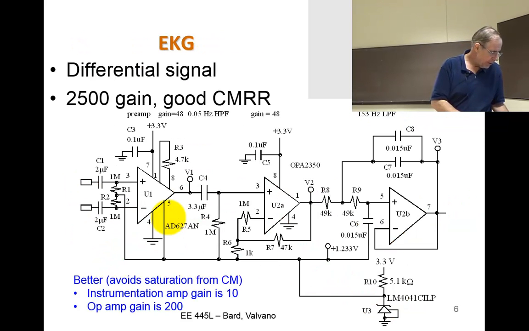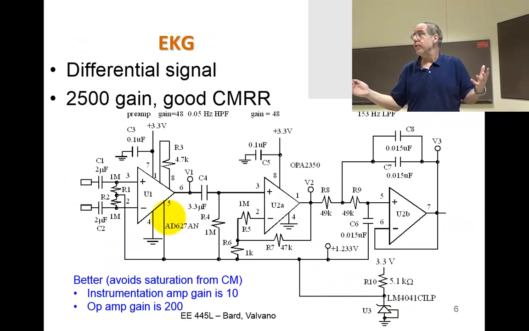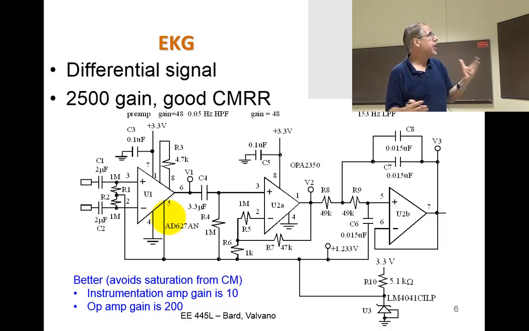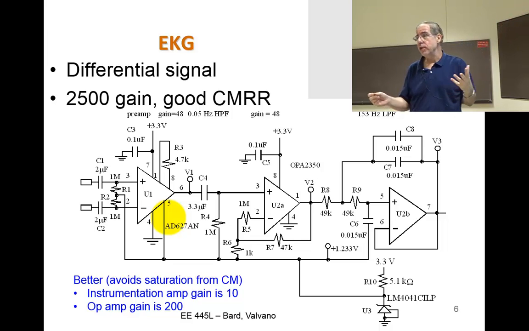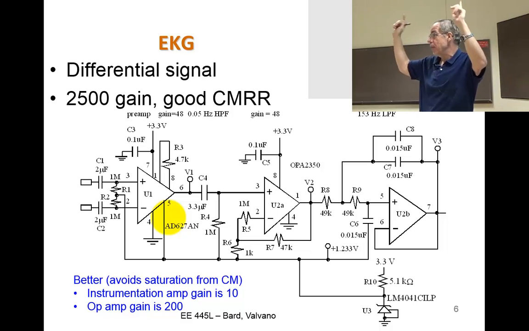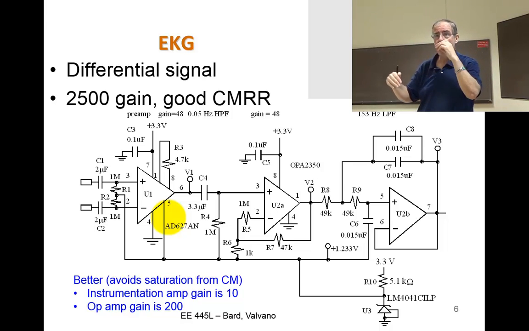Okay. All right, so now I'd like to show you a couple of examples of instrumentation amps. This is an electrocardiogram. It needs large gain and common mode rejection ratio. Okay? Because you put the electrodes on your skin, you got a gain of 2500, and common mode is 60 hertz, by the way. Common mode doesn't always show up as common mode on this signal.